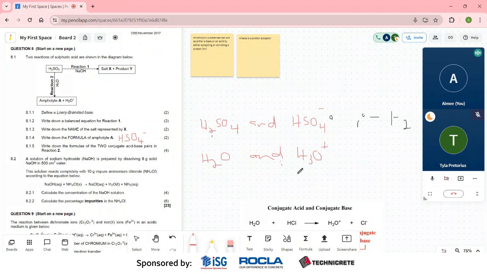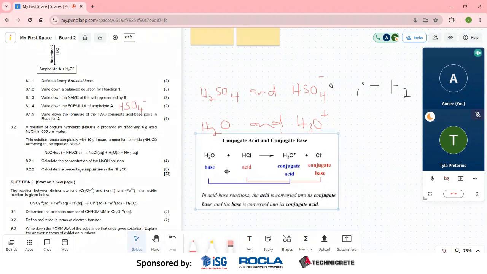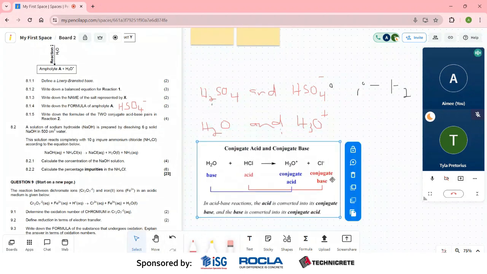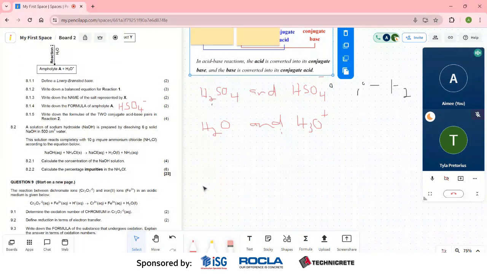Okay, and those are your conjugate acid-base pairs. And I just wanted to, I kept this image here from one of the previous videos so that you could just have a look. A base with its conjugate acid. So here the base accepts the proton and becomes the conjugate acid. Here the acid donates the proton and becomes the conjugate base. Okay, now we move on.